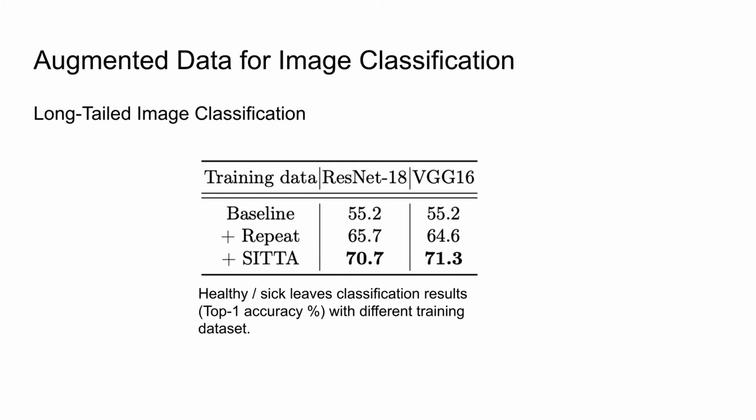The training set consists of 416 healthy images and 1 sick image. The test set consists of 100 healthy images and 81 sick images. On the whole, we have 3 types of training data. We refer to the single sick image as baseline. To solve the imbalanced data problem, we repeat the single sick image to match the healthy data count and refer to this operation as repeat.